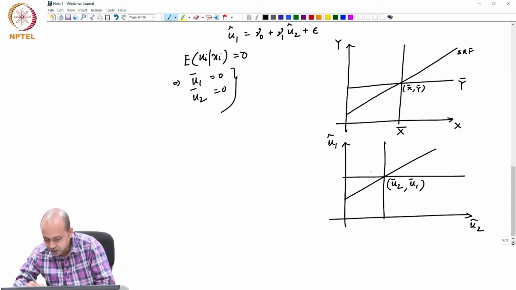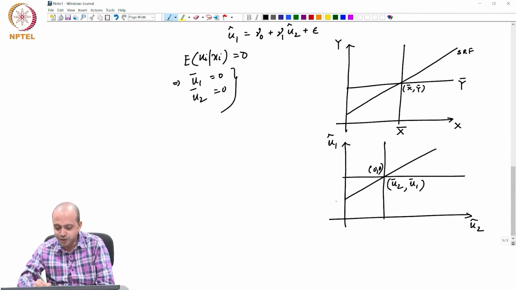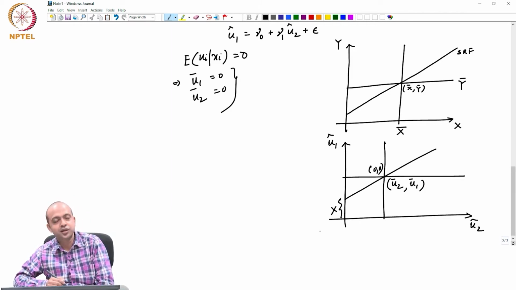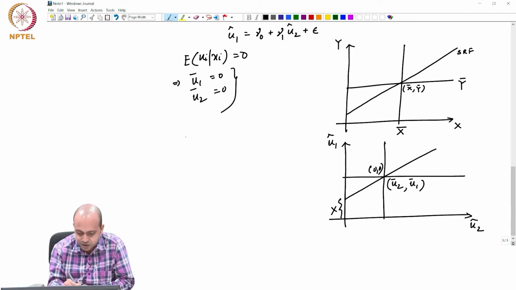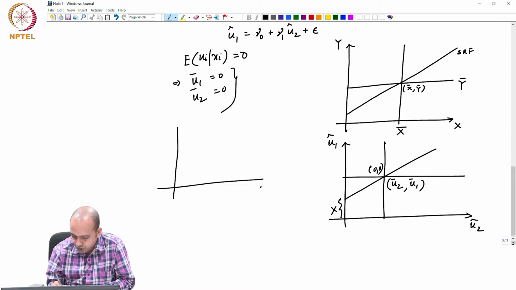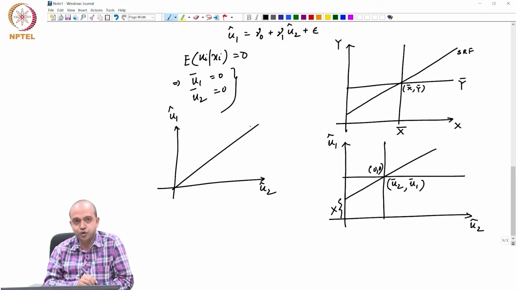That means the coordinate is 0, 0. So when you are running a regression of u1 hat on u2 hat, that regression must pass through the origin. This point is 0, 0.